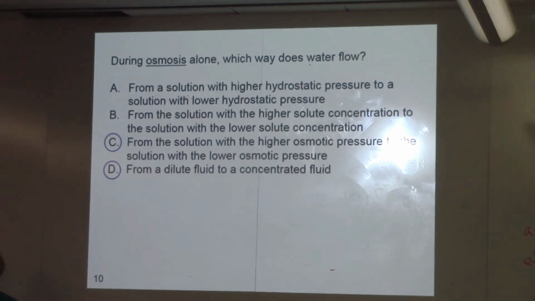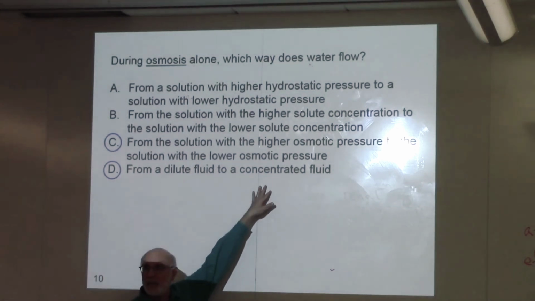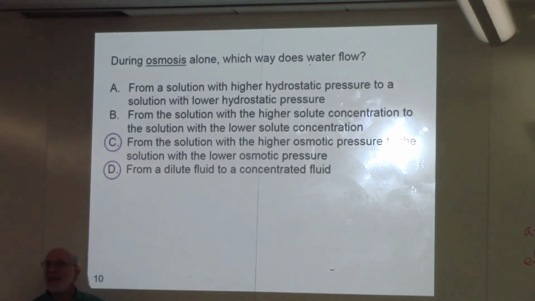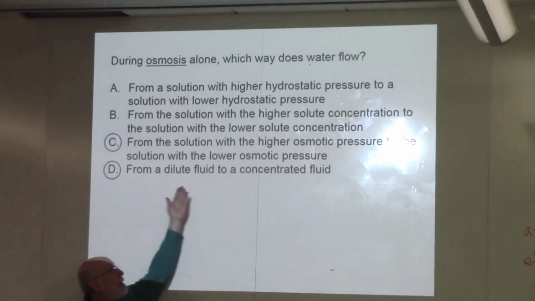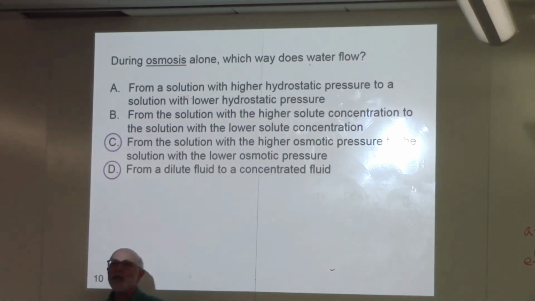So when fluid is flowing from the solution that is dilute to the fluid that is concentrated, we say that the dilute fluid has the higher osmotic pressure because it forces water to flow into the concentrated. So it's counterintuitive.